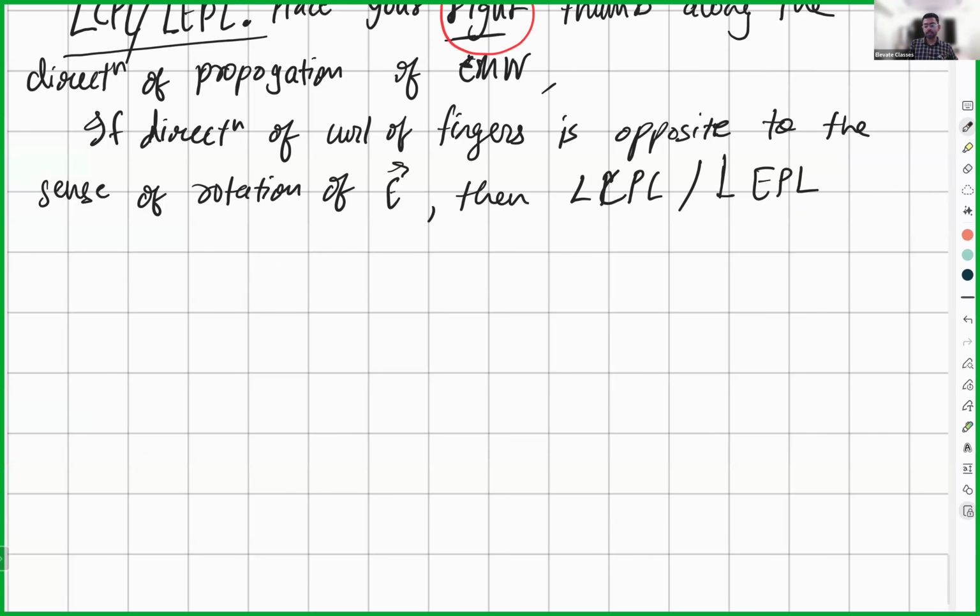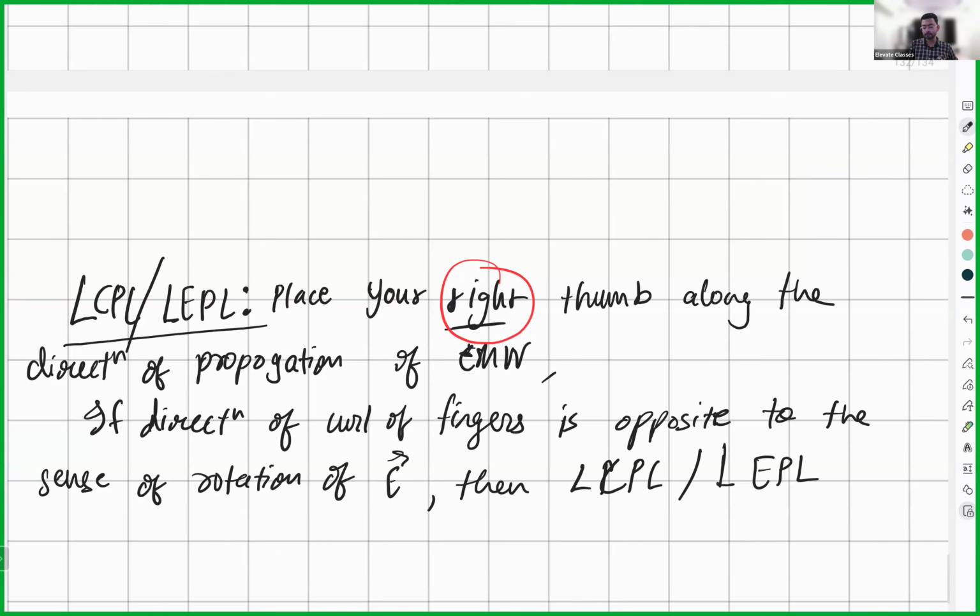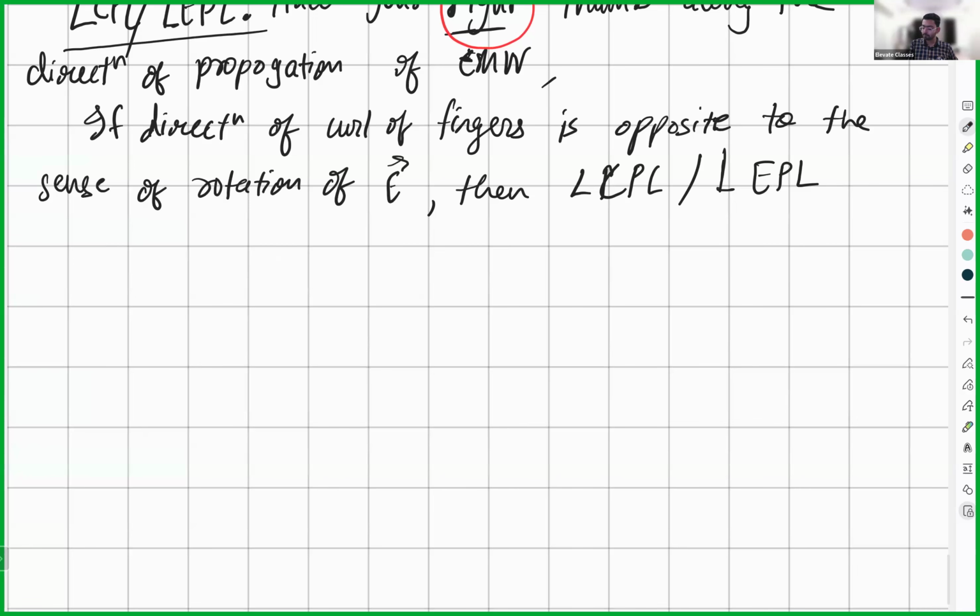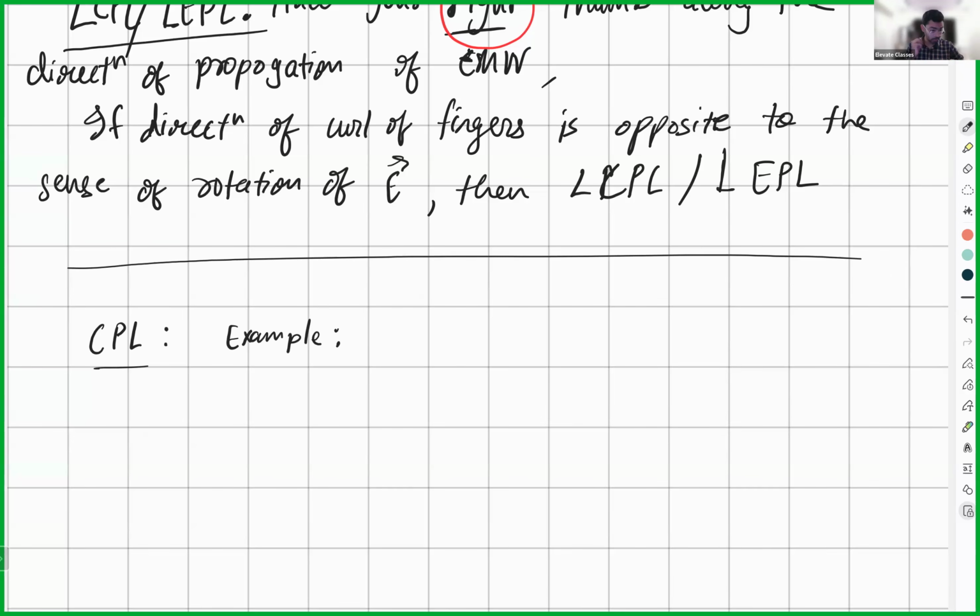So let us consider a circularly polarized light. Example: let us take the example that we took over there.